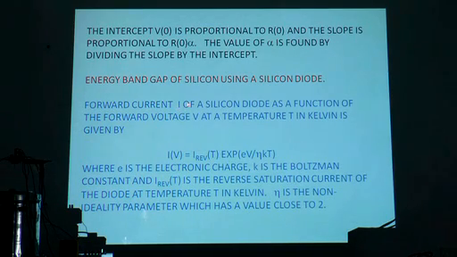The forward current I of a silicon diode as a function of the forward voltage at a temperature T in Kelvin is given by I = I_reverse, which is a function of temperature and is the I_reverse value at temperature T, into exponential of e V divided by eta k T, where e is the electronic charge, V the forward voltage you apply, k the Boltzmann's constant, T the temperature in absolute, and eta is a factor called the non-ideality factor. This has a value close to 2, 1.8 to 2.